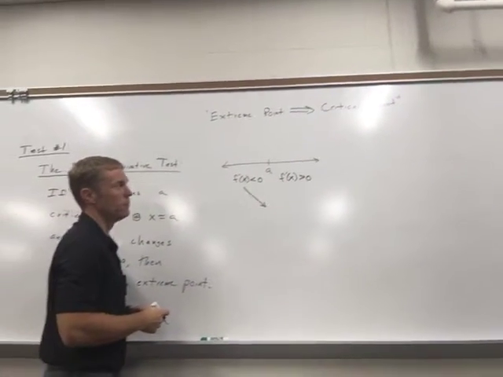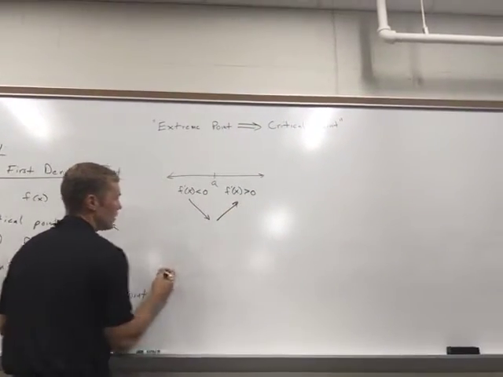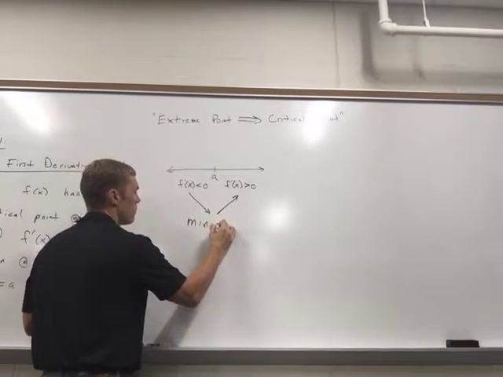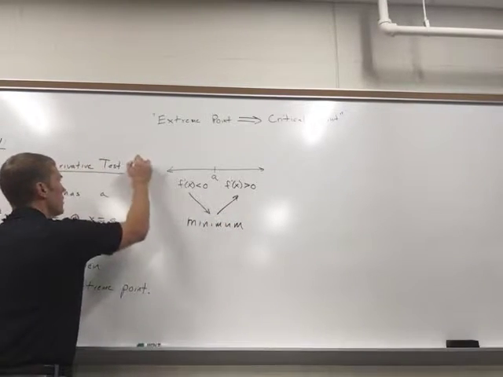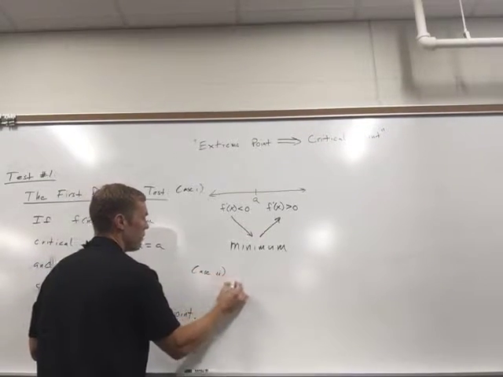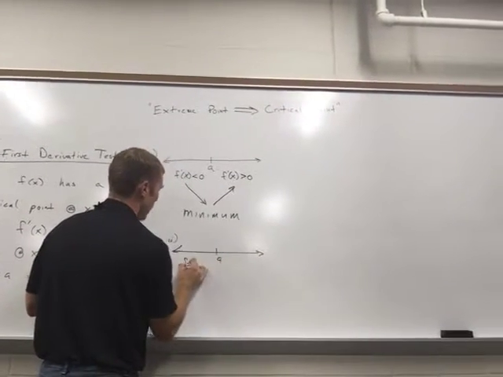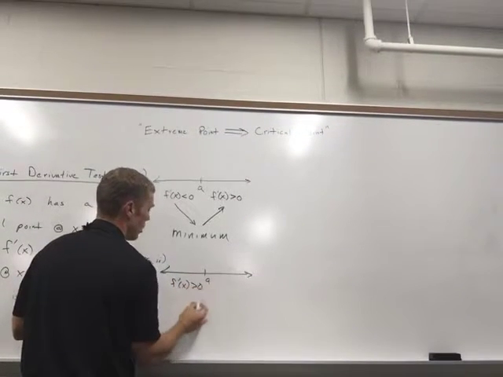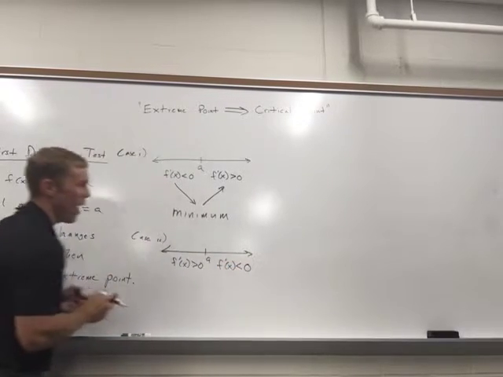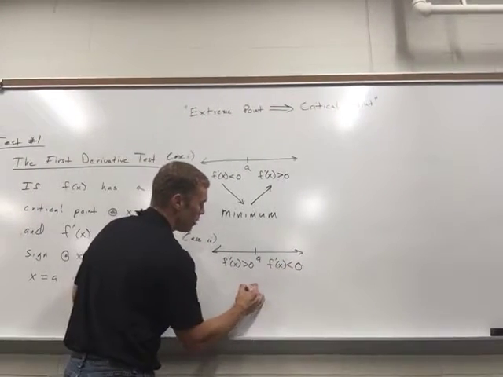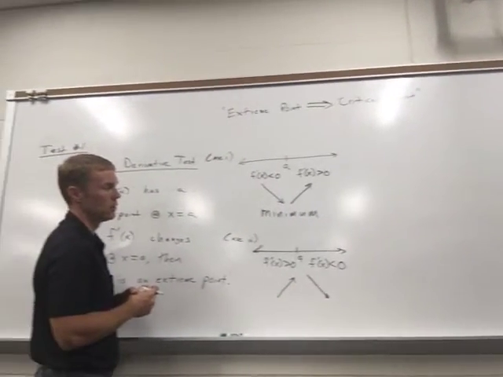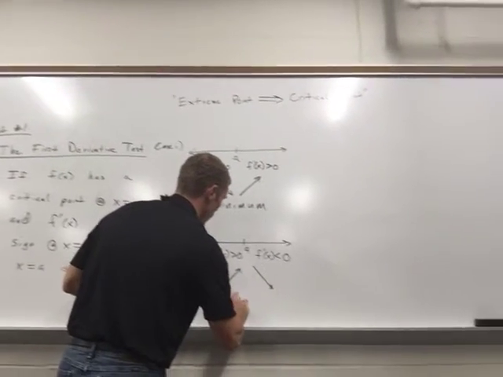Afterwards, the function is what? It's increasing, and this is a minimum. This is case 1. Case 2 is the exact opposite. If f prime of x is greater than 0 before a and less than 0 after a, before a the function was increasing. After a, the function is decreasing. And this would be a maximum.